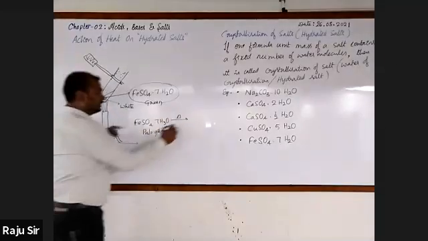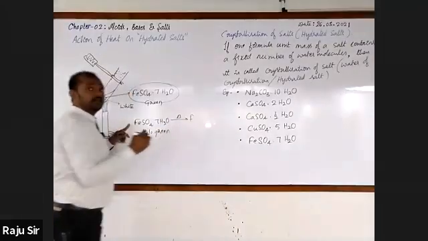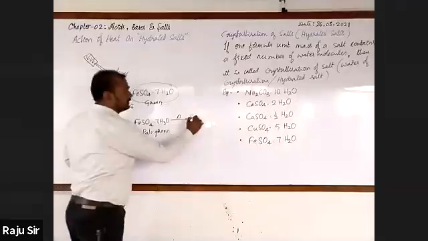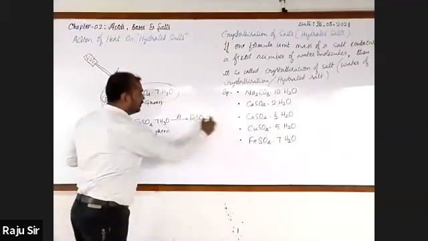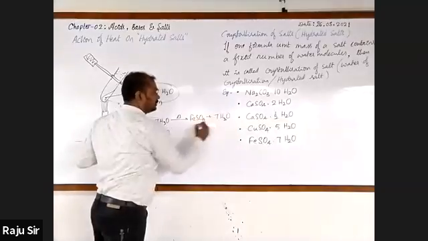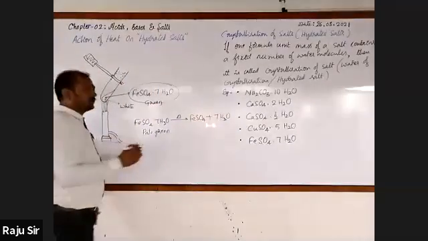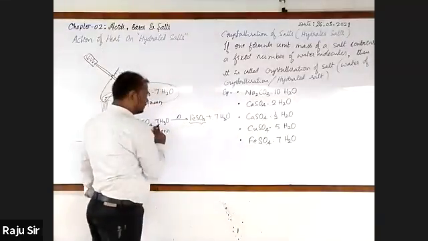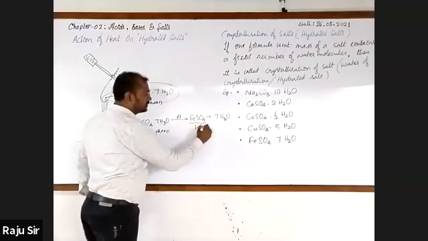When it is heated, we will get anhydrous iron sulfate, that is just FeSO4. Then all the water gets separated. When all the water is removed, it will turn to white color.